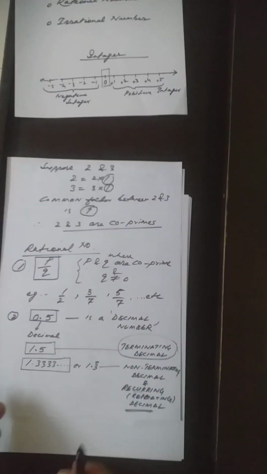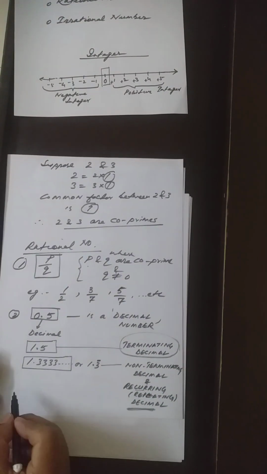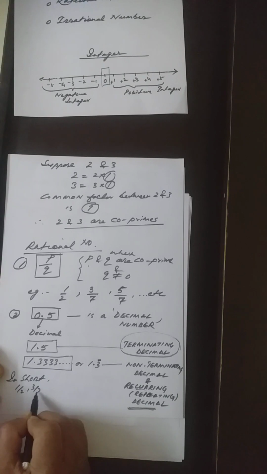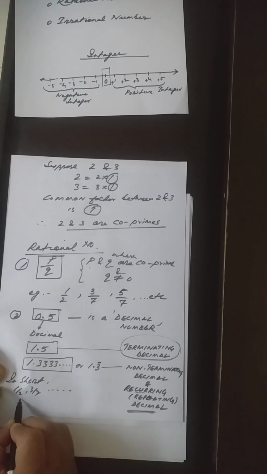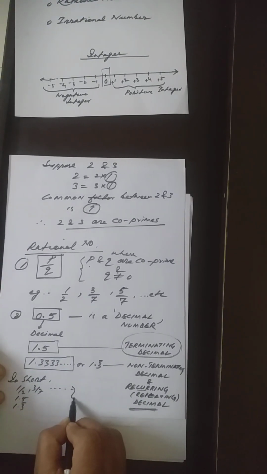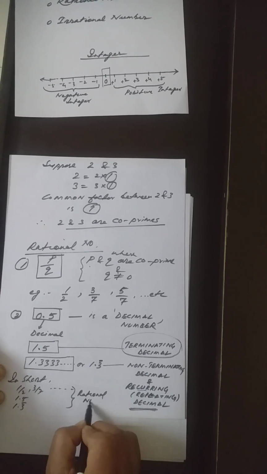So such numbers will be rational numbers. So in short, 1 by 2, 3 by 7, these are rational numbers. Also 1.5 as well as 1.3 bar, all these are rational numbers.